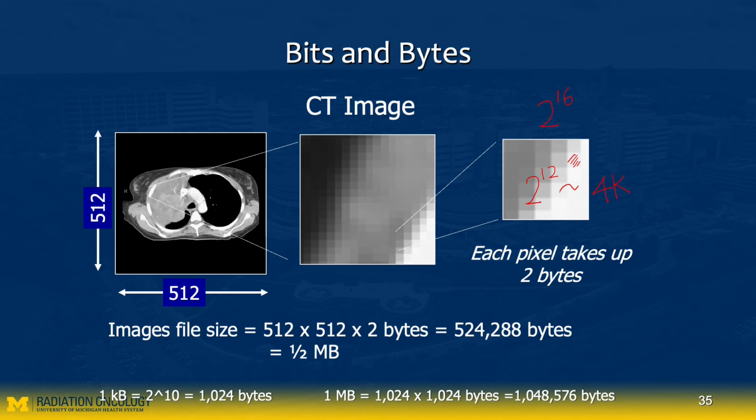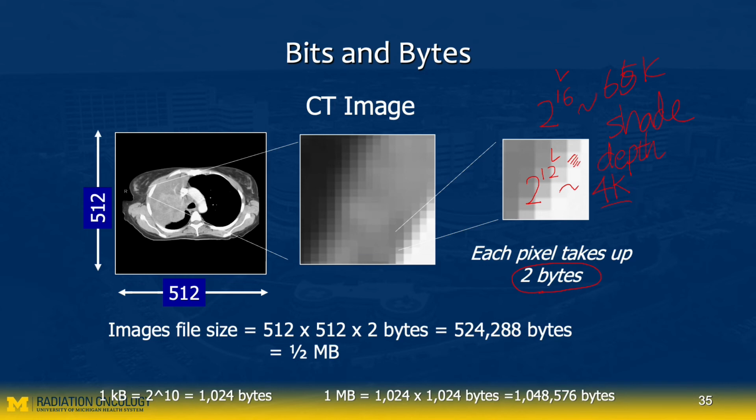It can be as dark as black and as bright as white, and in between you can have a pixel depth, or grayscale shade, of 4,000. But it can be 16-bit too, then it'll be like 65K. But regardless, either 16-bit or 12-bit, you need 2 bytes of space.